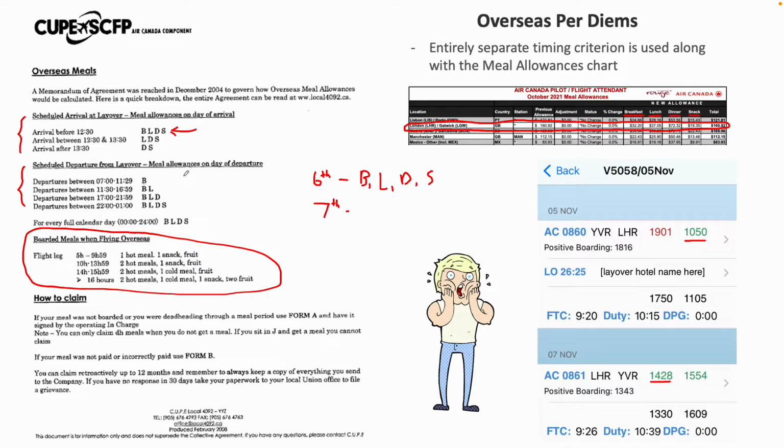So 2:28 does not fall within the first line here, so it's not this one. It does, however, fall between 11:30 a.m. to 4:59 p.m. So that means that a breakfast and a lunch are due.